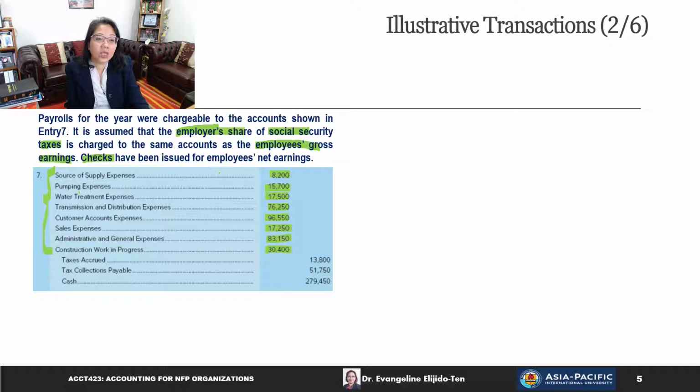So we debit all those amounts, and our credit would supposedly be to cash.